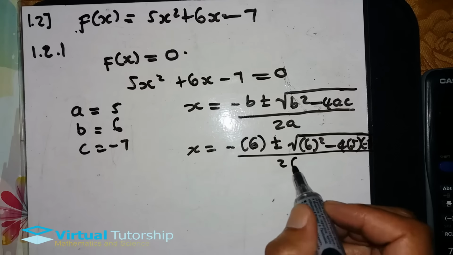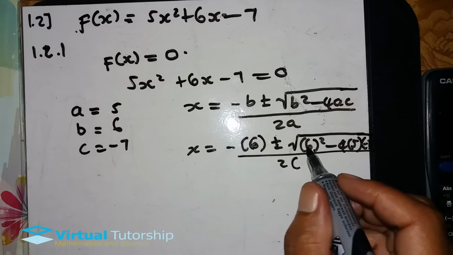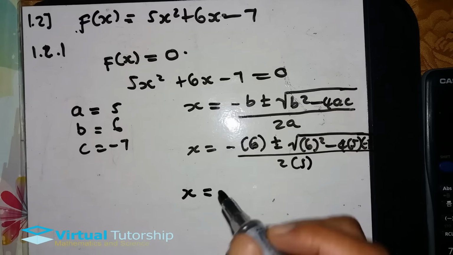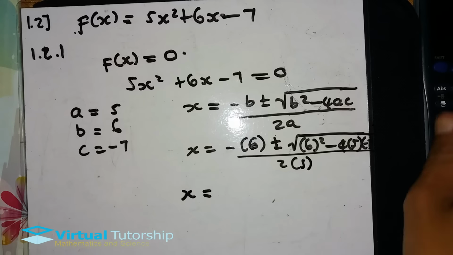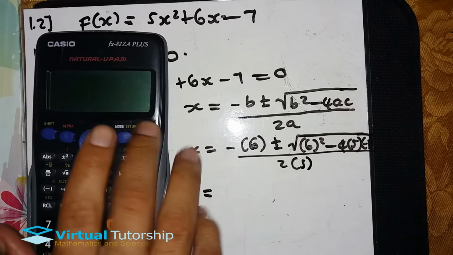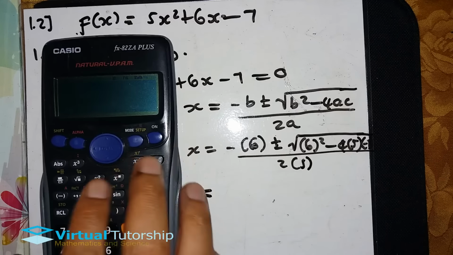It is not clearly visible, but anyway you know that it is minus 7. So a is 5, x is equal to, let me do it, let us first get the first answer.